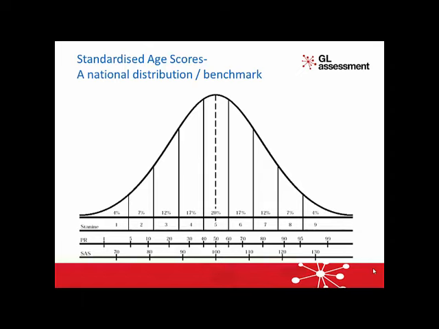If their score in the second year is, for example, 120, then they have made above average progress over the course of the year. If, on the other hand, their score in the second year is 75, then they have made below average progress over the year.